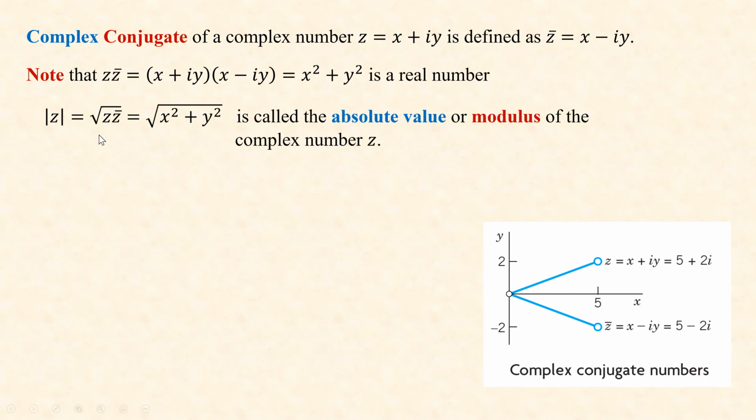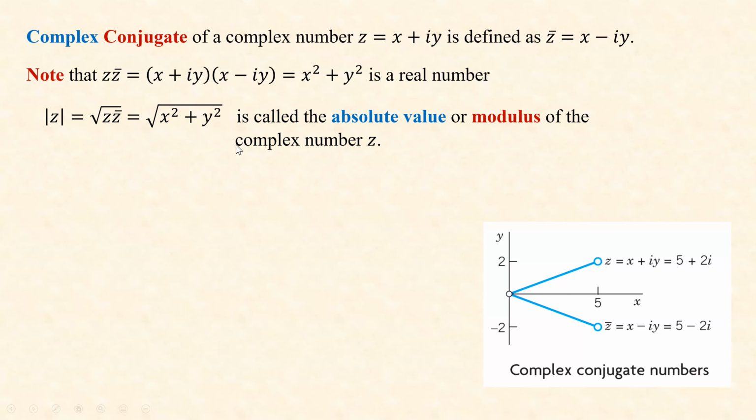And we call the absolute value or modulus of the complex number z the square root of this multiplication, the square root of z times z bar, or square root of x squared plus y squared. As you see, if x is the real part and y is the imaginary part, this will be the distance of that complex number to the origin, which is 0.